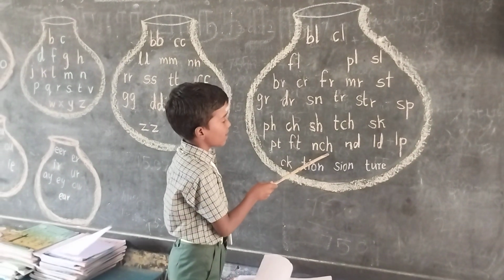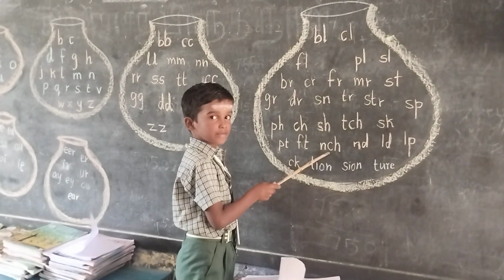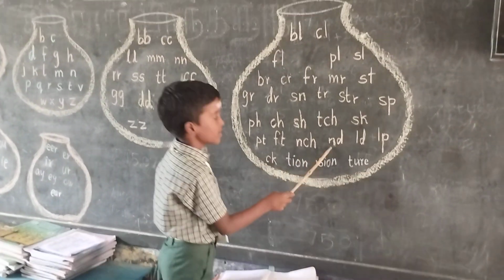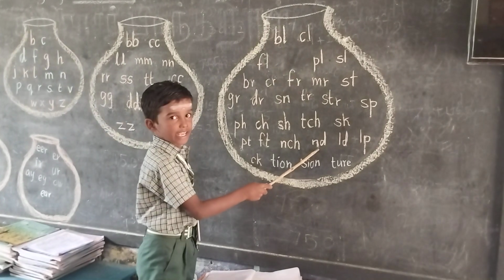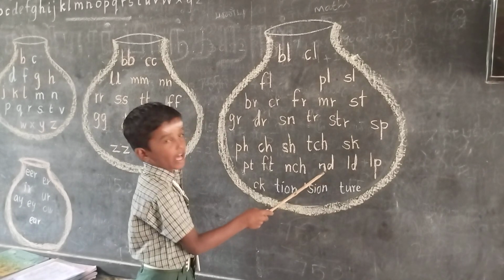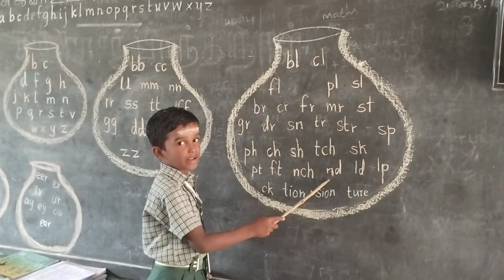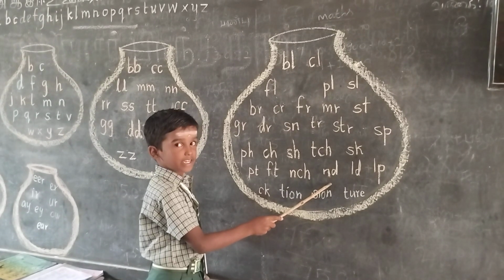For example, bench, inch. The combination of letters ND as a sound. For example, land, sand. Good.